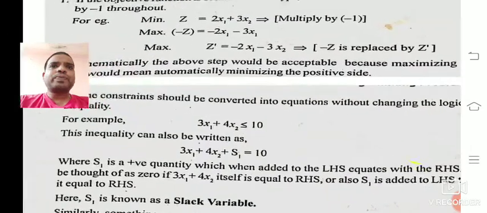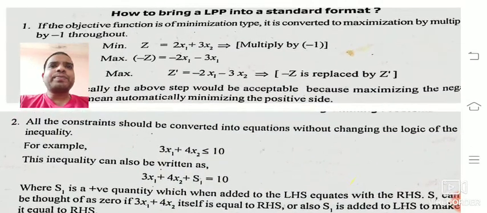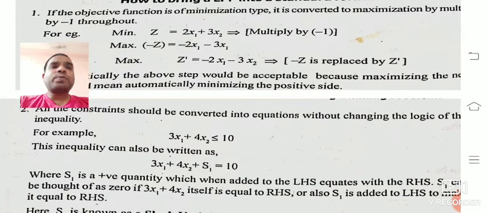Now the second step is that all the constraints should be converted into equations without changing the logic of the inequality. Suppose they are given constraints like 3x1 plus 4x2 less than or equal to 10, we can write 3x1 plus 4x2 plus s1 equals 10.